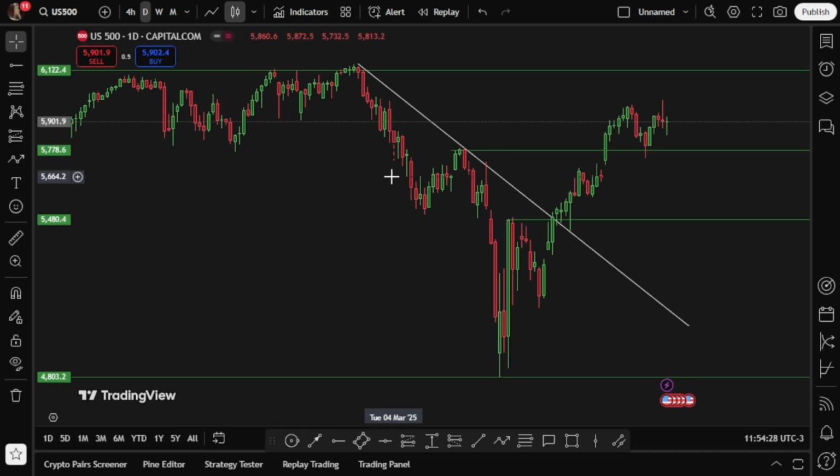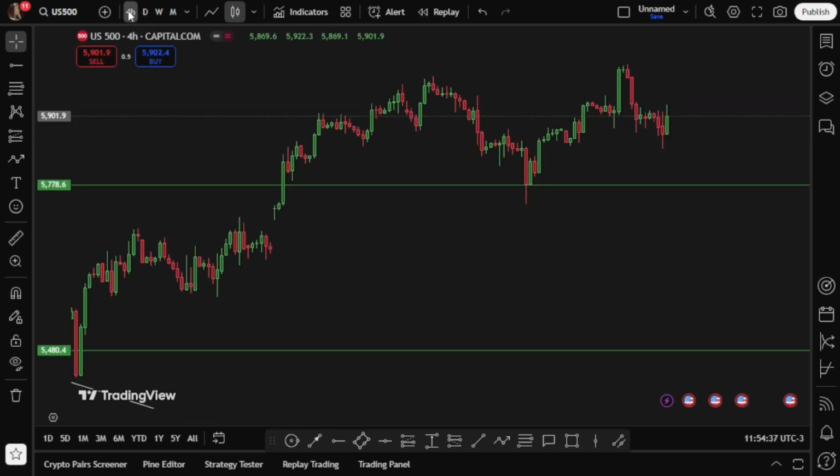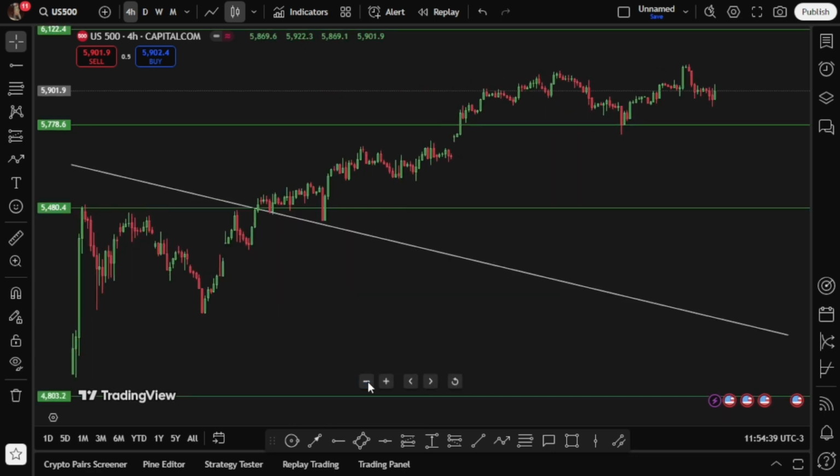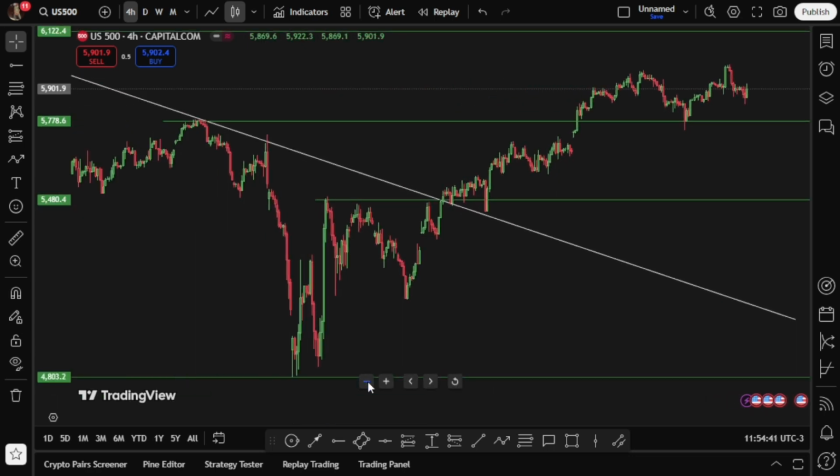So when I placed my counter trend line and my levels, I went back to the 4 hour time frame, where I look for a candle to close above those levels. Then I know that yes, price is ready for a reversal.